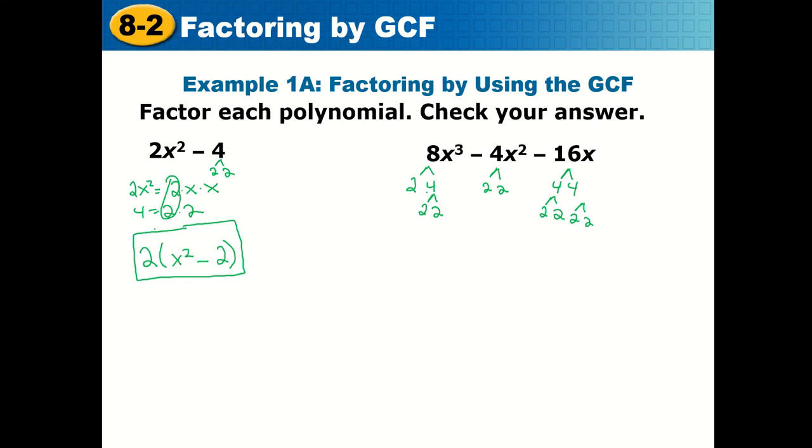So my 8x cubed here is 2 times 2 times 2 times x times x times x. And then my 4x squared is 2 times 2 times x times x. And then 16x is 2 times 2 times 2 times 2 times x.